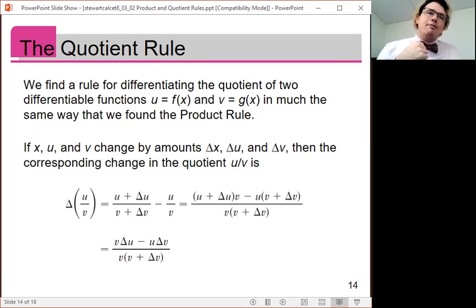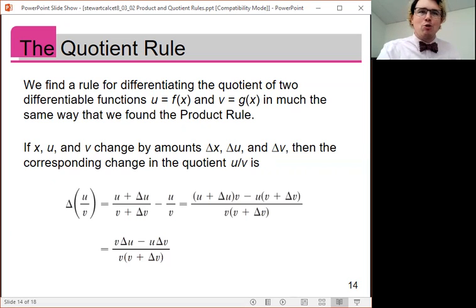My delta of the function u divided by v, well, that's going to be u plus delta u, all on v plus delta v, that whole fraction minus the original value, u divided by v, right? So I move my x over just a little bit, and I see what's the difference at those two different x coordinates.